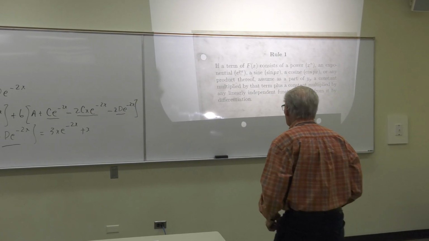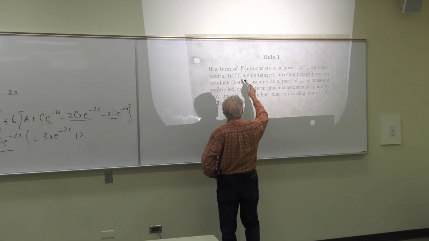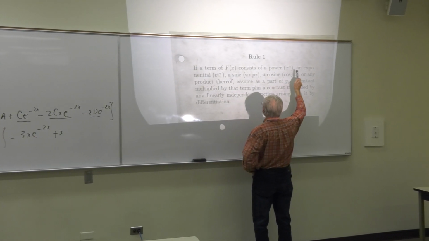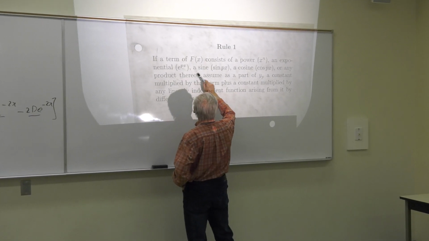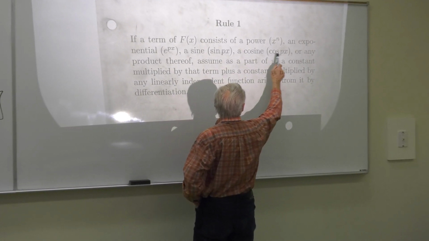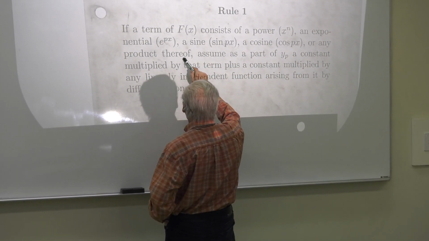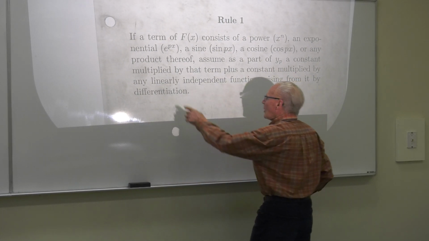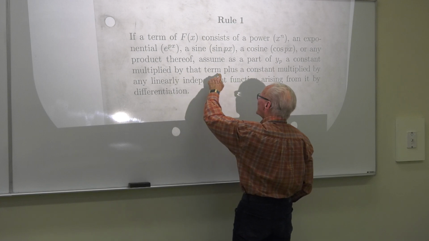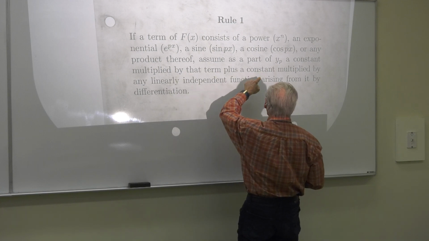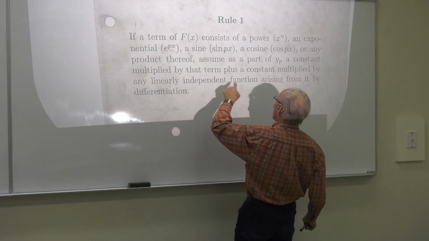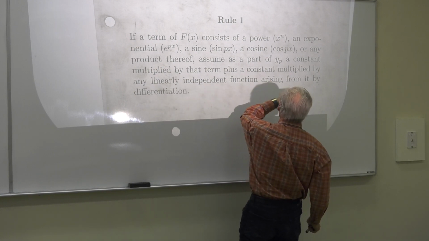It says, if a term of f(x), that's the right-hand side, consists of a power, an exponential, a sine or a cosine, or any product thereof, assume as a part of y sub p a constant multiplied by that term plus a constant multiplied by any linearly independent function arising from it by differentiation.